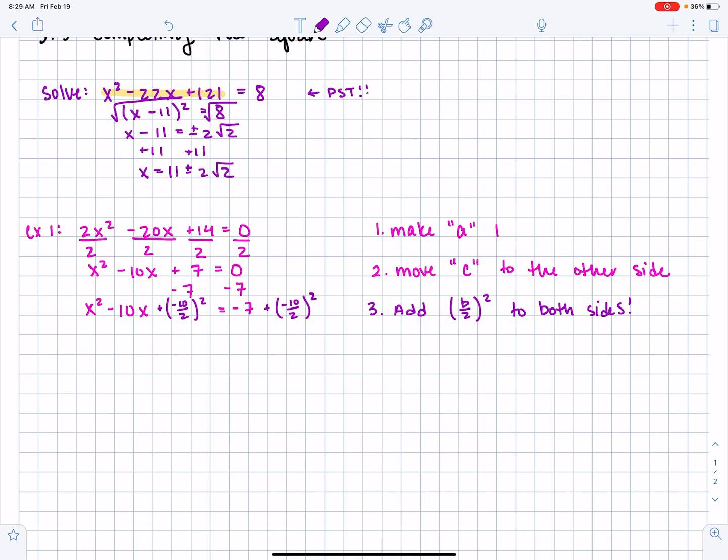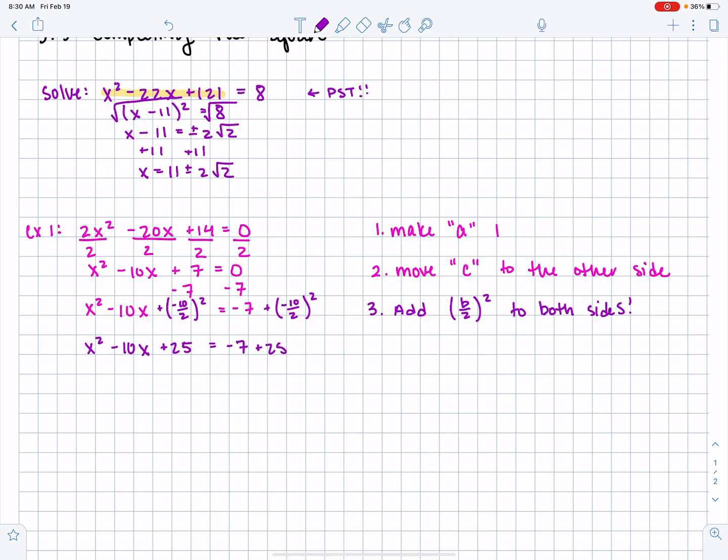When you're squaring something, it always ends up being a positive number. So for us, this ends up being x squared minus 10x, and negative 10 over 2 is negative 5 squared, which is plus 25. So negative 7 plus 25 is equal to, we'll write 18 on our next one.